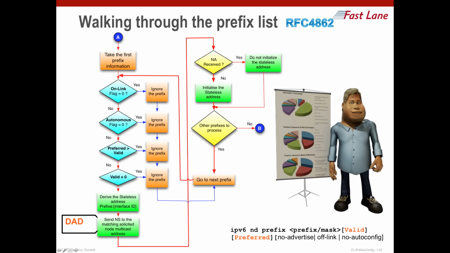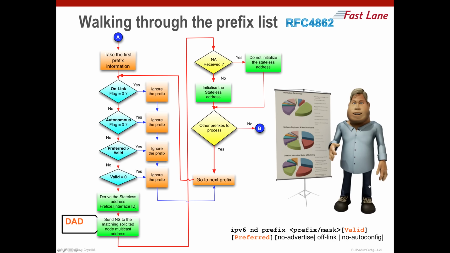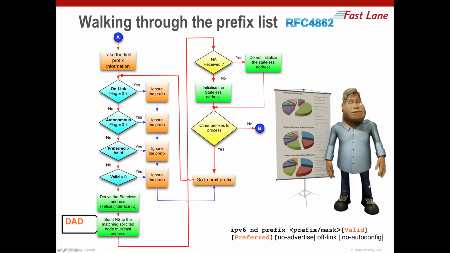Also, in the router advertisements, we may find a list of prefixes. So, in this list of prefixes, each prefix comes with some flags and some timers. The on-link and autonomous bits must be set for the prefix to be used to derive an address or to refresh an auto-configured address.